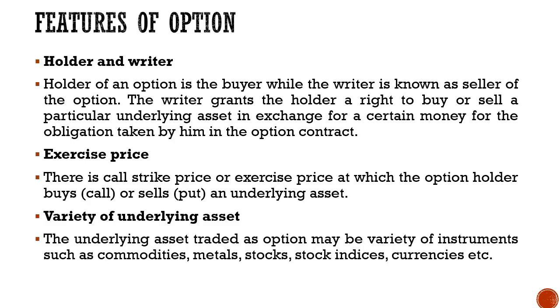The underlying asset traded as option may be a variety of instruments such as commodities, metals, stocks, stock indices, currencies, etc. These were the various features of option, and with this we come to the end of derivatives and the various types of derivatives.